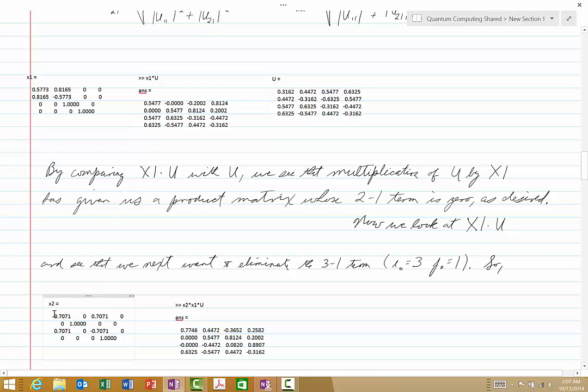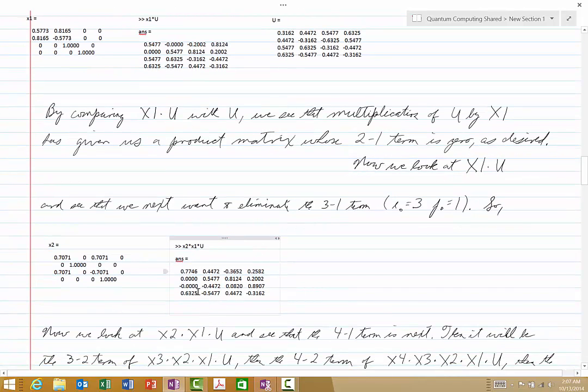And of course, those two are the same. So as before, we have this number, and then this one is equal to that, and this one are negative of each other. So this would be x2, and x2 times x1 times U, and voila, again, now we've introduced another 0.